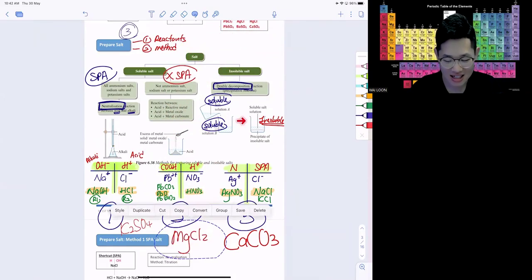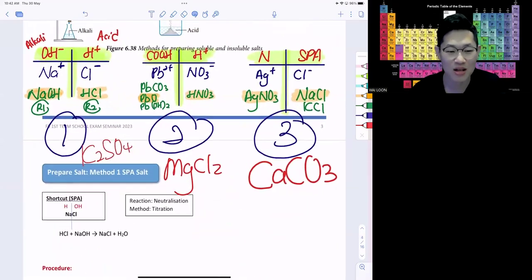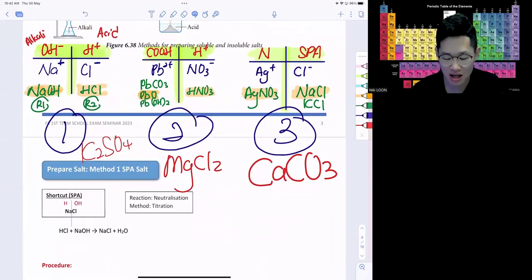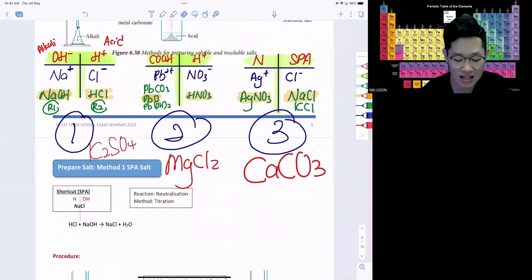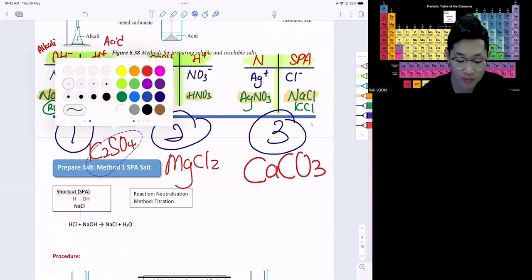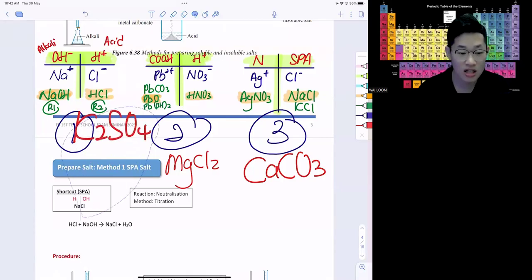Okay. Since you know how to differentiate the types of salts already, now you have to give me the reactants. Just 3 examples will do. So first, start with K2SO4. Please tell me what are the reactants needed to make K2SO4. Give me the 2 reactants needed to make K2SO4 by using the first cross.